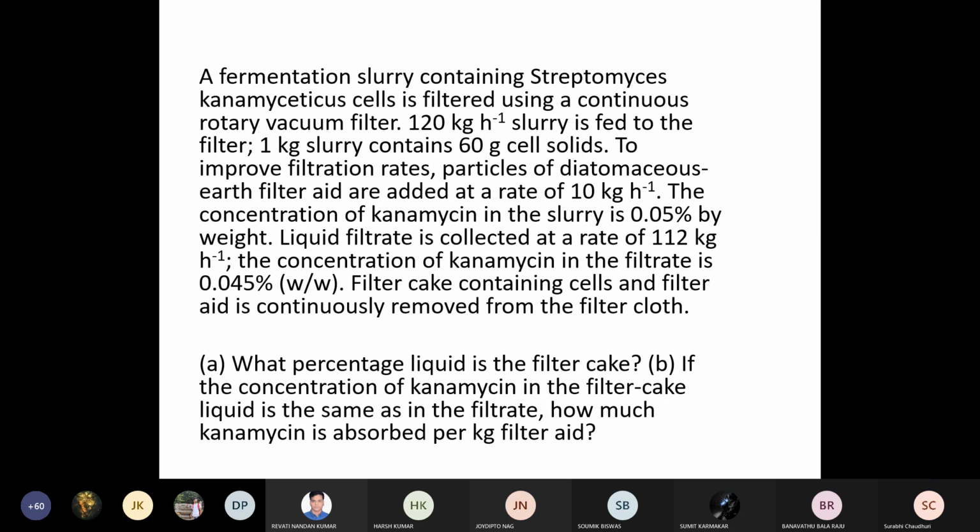Now, concentration of kanamycin in the slurry which is fed is 0.05% by weight. And liquid filtrate, after filtration we get the clear water that is collected at a rate of 112 kg per hour. And in that filtrate, kanamycin is 0.045% weight by weight.